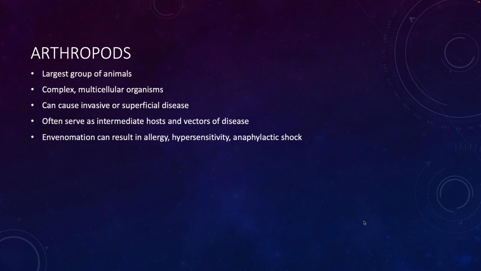They can cause invasive or superficial disease. And again, we have talked about them previously as vectors of disease, organisms that will transmit disease. But they can serve as intermediate hosts. Some of these parasites we'll talk about have complex life cycles that require them to live inside of an arthropod for at least part of it.